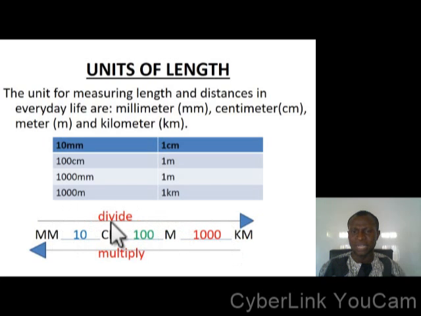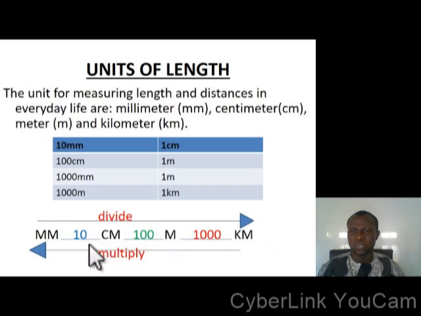Meaning that you are going towards the right hand side. What do you do when you are moving towards the right hand side? That means you divide. Now between millimeter and centimeter we have 10. Between centimeter and meters we have 100. Between meters and kilometers we have 1000.